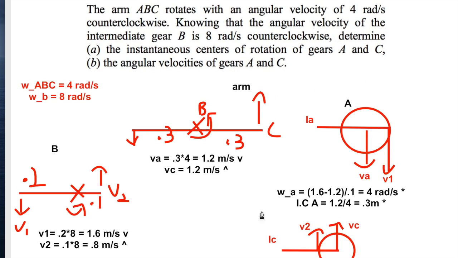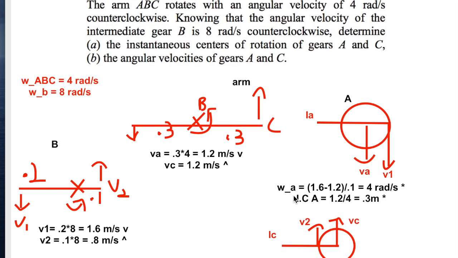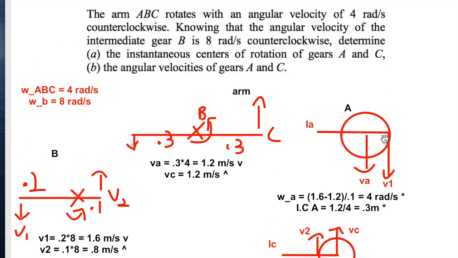So next we draw just kind of our velocity diagrams of gear A. And we have this V1 at the edge and VA in the middle. We know that the angular velocity of A is this 1.6 minus VA divided by the radius, which is 0.1, and we get 4 radians per second.